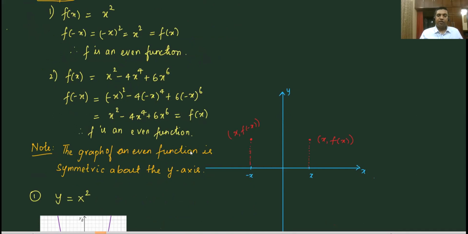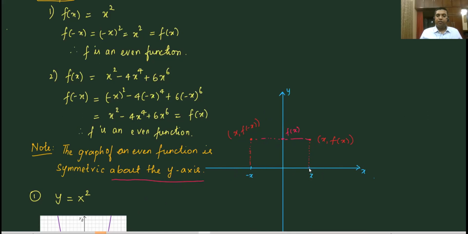Now the graph of an even function is symmetric about the y-axis. Very important. It is symmetric about the y-axis. So x comma f of x and minus x comma f of x. This is the f of x value here.